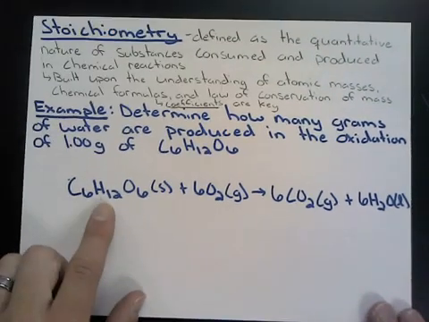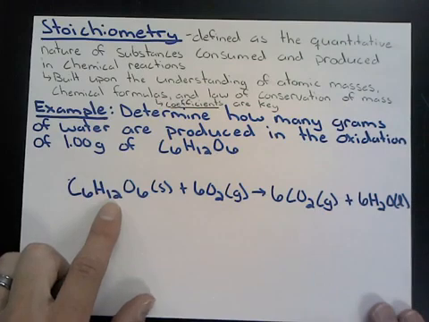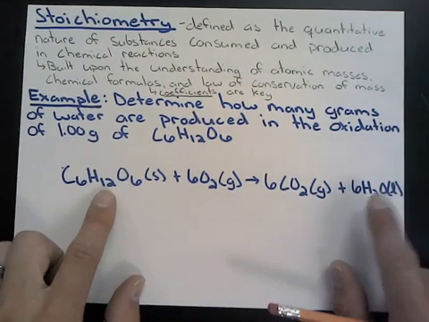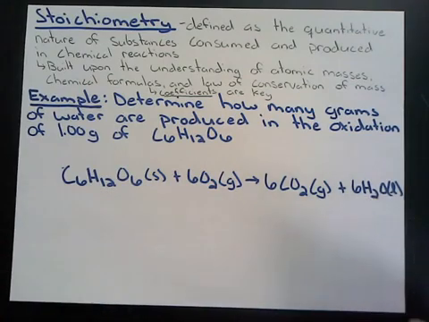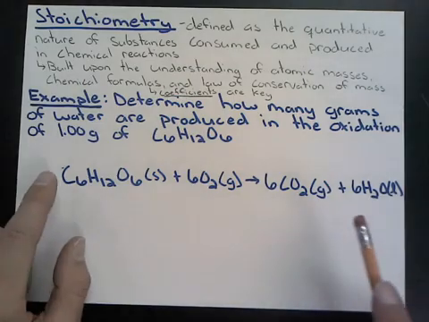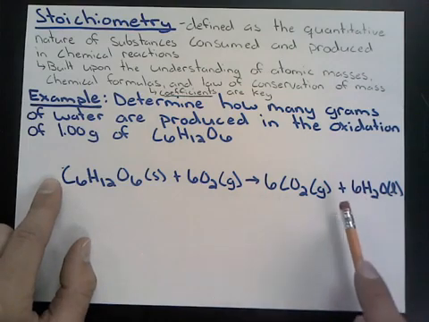We start here with grams of C6H12O6, and it asks how many grams of water, way over here on the right-hand side, are produced. So what we first have to do is always convert to moles, because if we don't convert to moles, we cannot deal with coefficients.